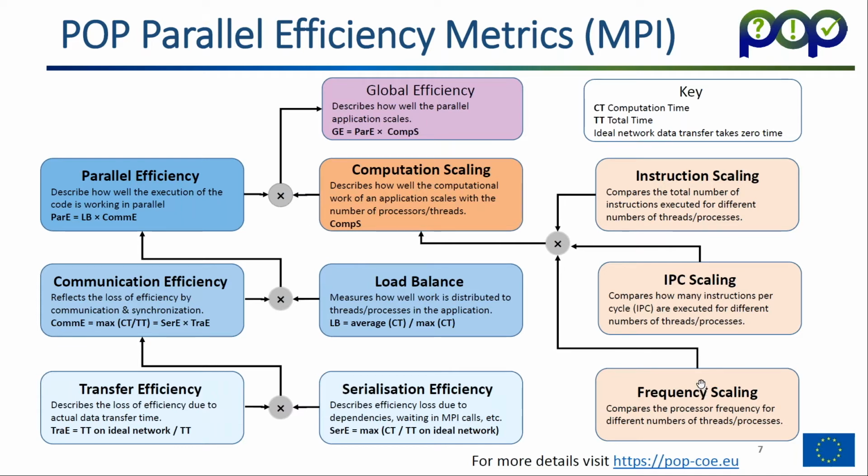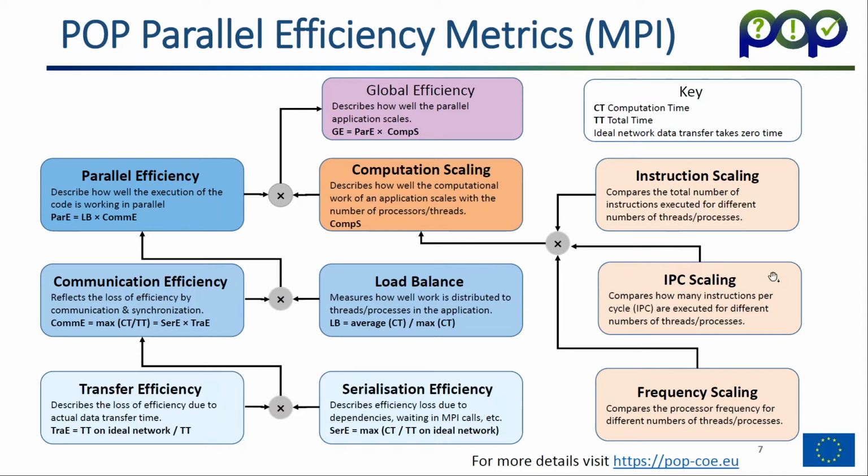The orange-based metrics on the right-hand side are scaling metrics that allow us to compare how performance changes as we increase the number of processes, threads, compute nodes in the problem that we're solving. So things like the instruction scaling characterize how many additional instructions are being executed. If we're executing additional instructions, that has an impact on our ability to scale. But it's unavoidable as we're dealing with boundary conditions and things that change with scale.